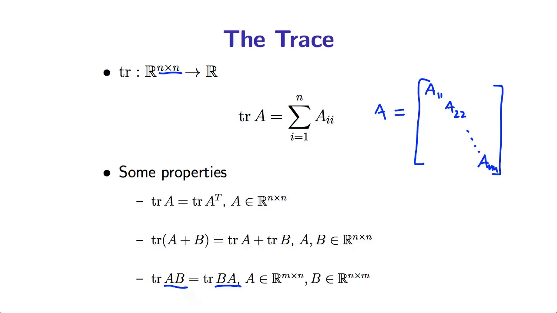Here A times B would be an m by m matrix, whereas B times A would be an n by n matrix. Yet the traces of these two terms are actually equal, and it's pretty easy to show this by just substituting in the definitions for matrix multiplication.